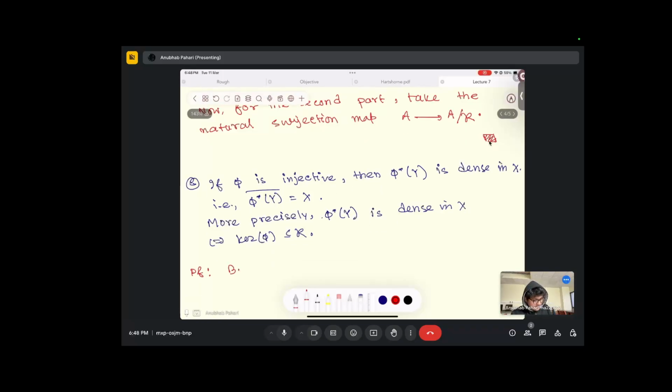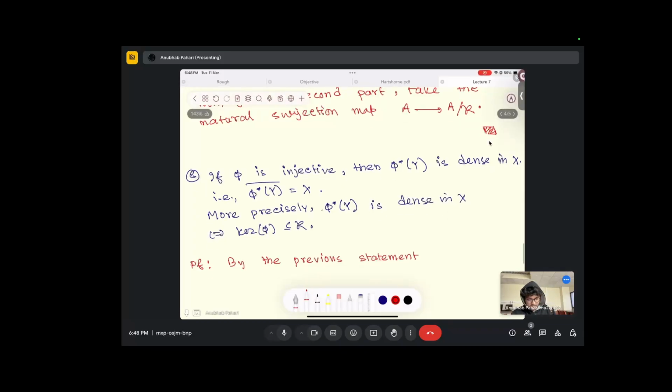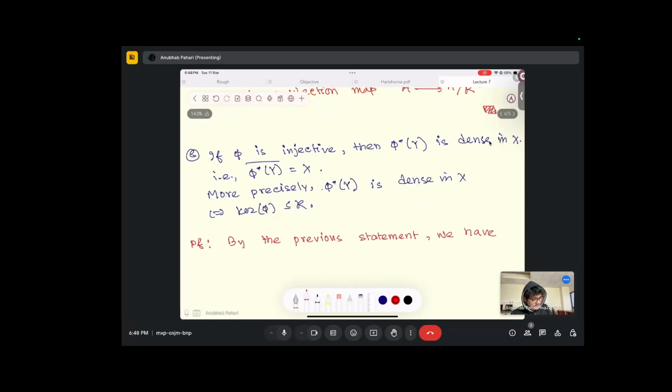By the previous statement, we have phi upper star y contained in phi upper star V of 0, right?